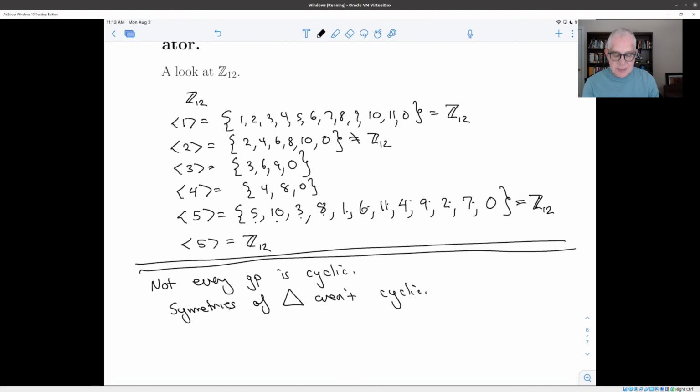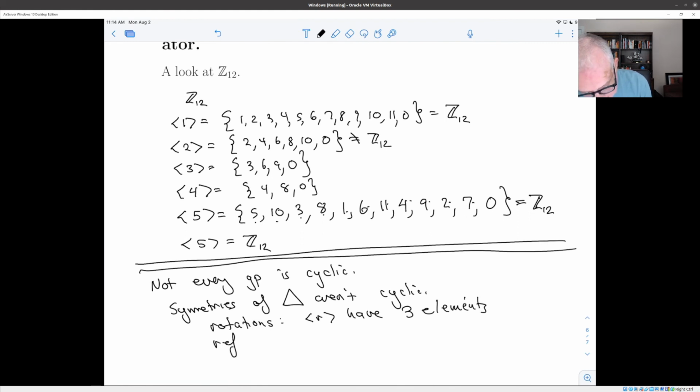We know that the elements are either rotations, and they give you 3 elements, or reflections, they give you 2 elements, or the identity.